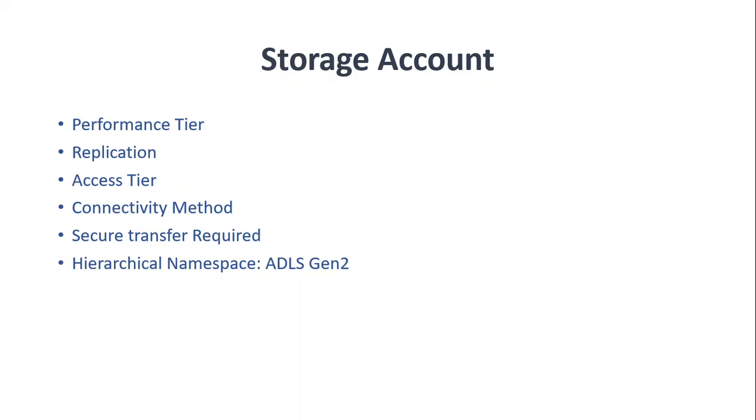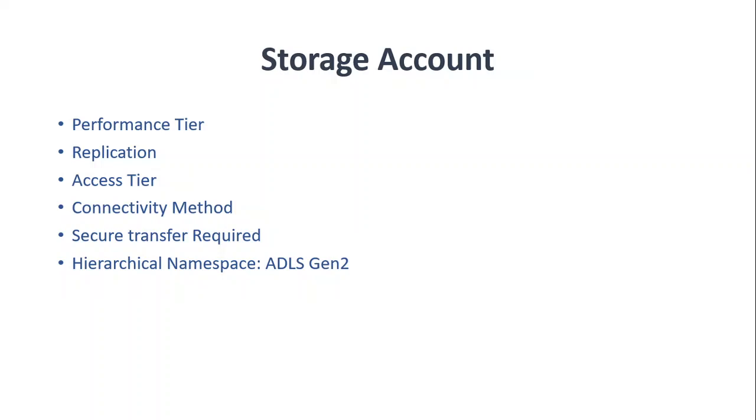There are so many properties that need to be configured while creating an Azure storage account. The first one is the performance tier. There are two types of performance tiers, standard and premium. Standard is recommended for most scenarios. Premium is recommended for scenarios where we require low latency.